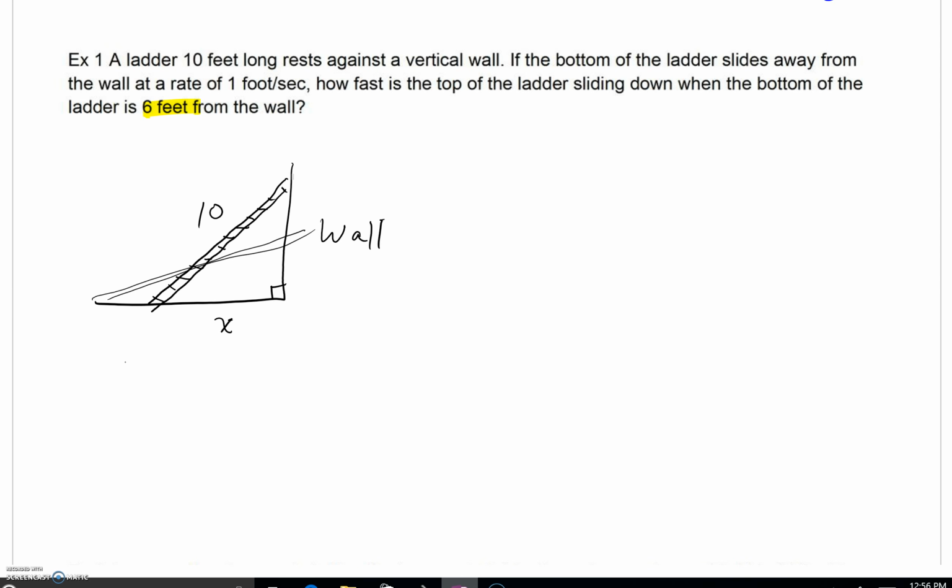So if you're going to have this ladder sliding down, its height, the distance from the ground, is decreasing, isn't it? And it's only going to be certain values for a split second. You see, x and y are changing. By the way, x and y, and this is so important, are functions of time.